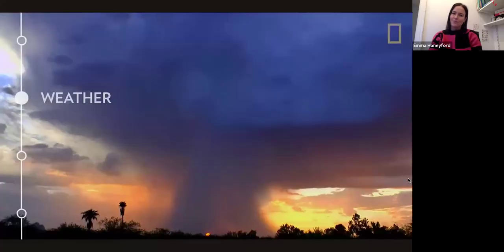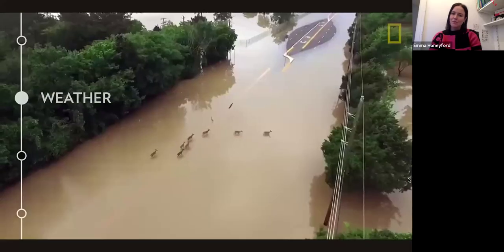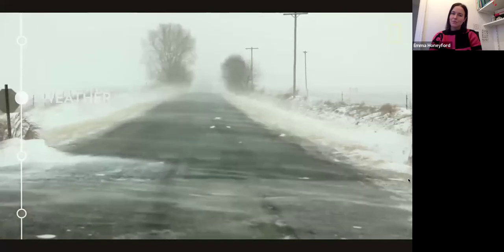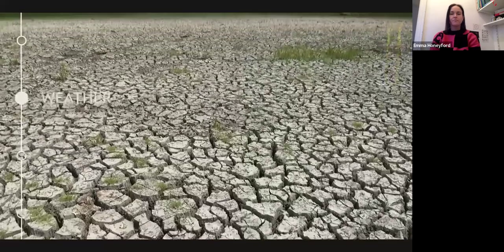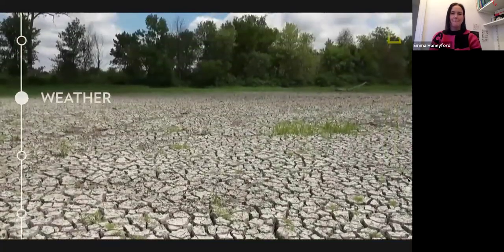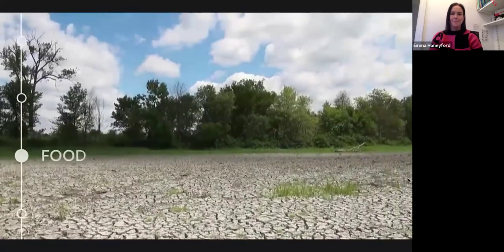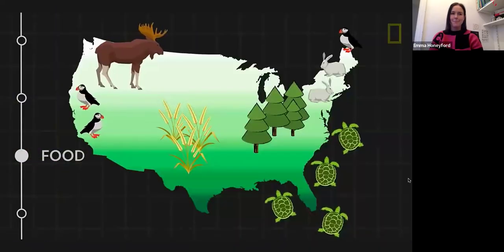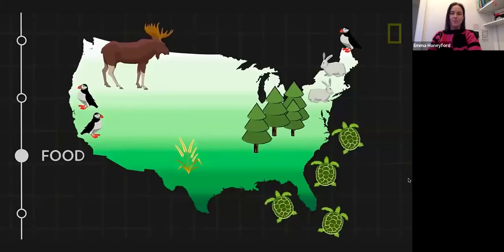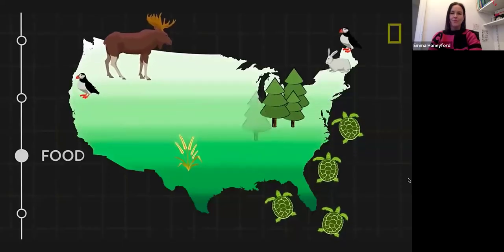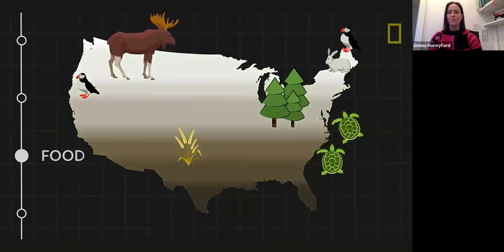Warmer temperatures also make weather more extreme. This means not only more intense major storms, floods, and heavy snowfall, but also longer and more frequent droughts. These changes in weather pose challenges. Growing crops becomes more difficult. The areas where plants and animals can live shift, and water supplies are diminished.